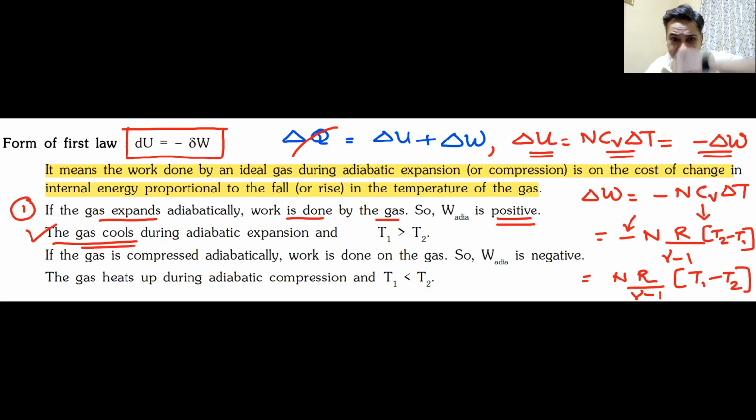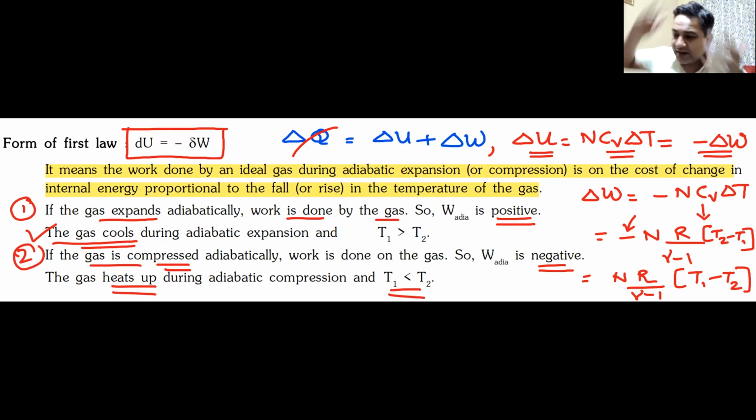You can do the same thing in the reverse way, which is point number 2. If the gas is compressed, work done is negative. In that case, the gas will heat up. You can understand it by common sense. For an adiabatic process, if you compress a gas, temperature has to increase. You will have to write each and everything that I have given you. Please note it down.